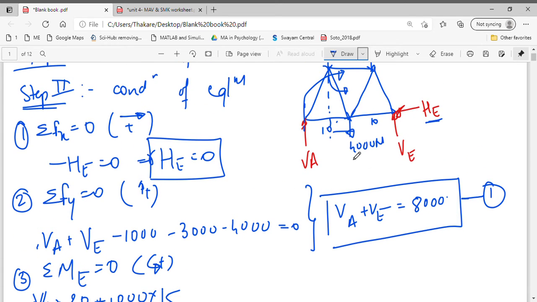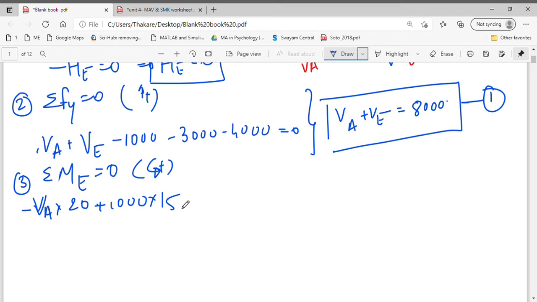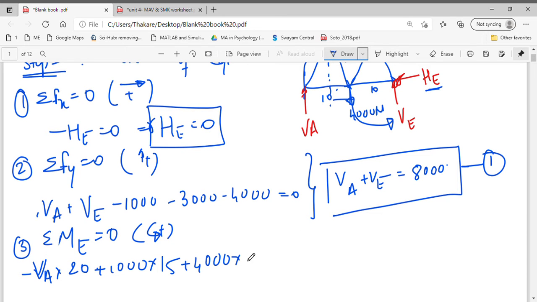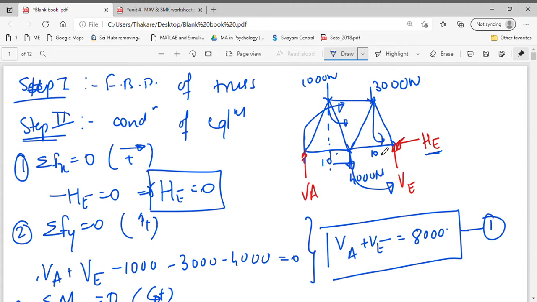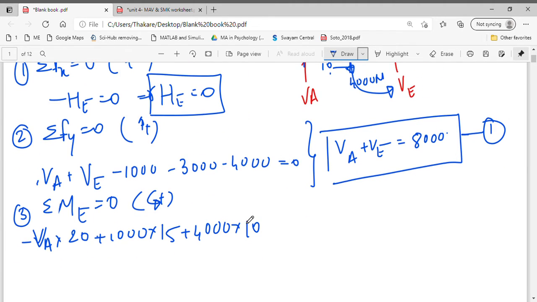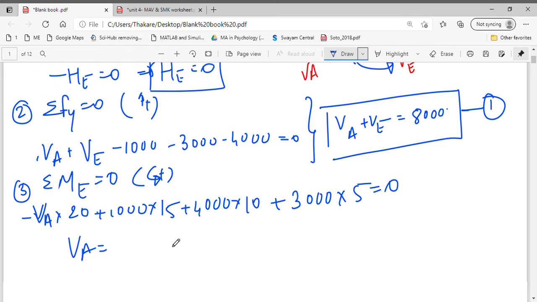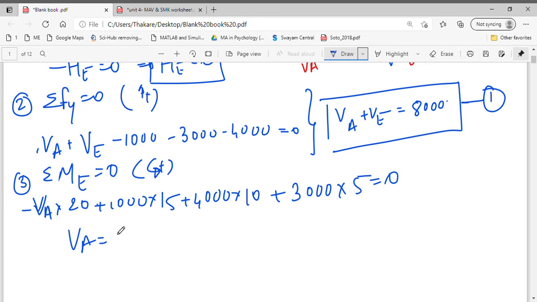Then you have 4000 Newton again going in the anti-clockwise direction, so plus 4000 into 10, as it is acting on a joint at a distance of 10 meters from E, and at last you have 3000 Newton again going in the anti-clockwise direction, so that will be plus 3000 into 5 equals 0. So on solving this, you will get the value of vertical reaction at A as 3500 Newtons.